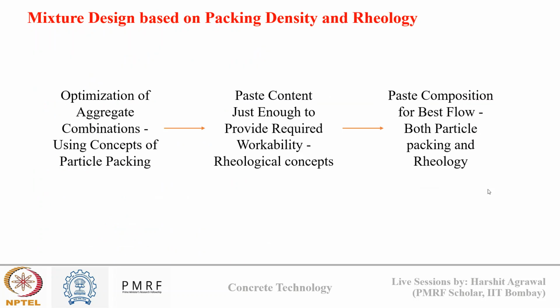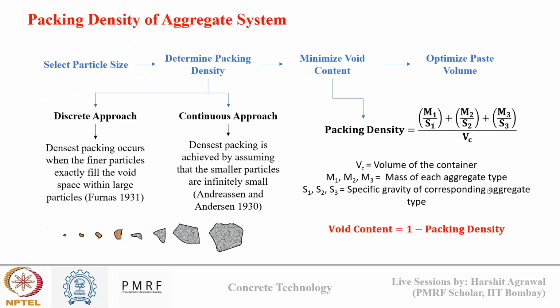Then we talked about an advanced form of mixture design, which is based on packing density, particle packing, and rheology of concrete. Such mixture design is typically used when we want to prepare a high performance concrete, which we can't prepare if we just follow conventional standards. The first step is optimizing particle packing, for which there are two theories: discrete approach and continuous approach.